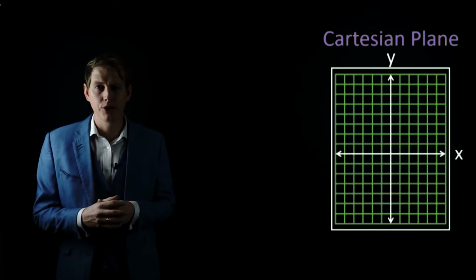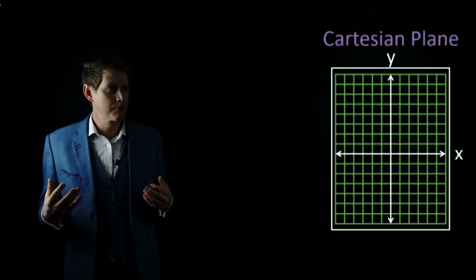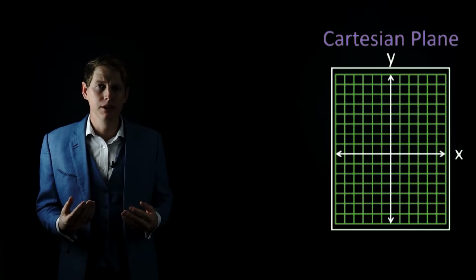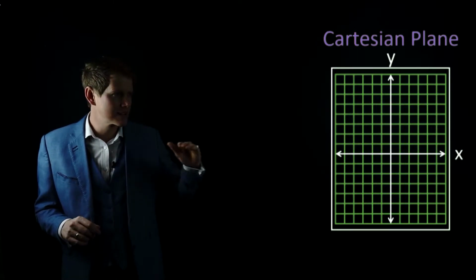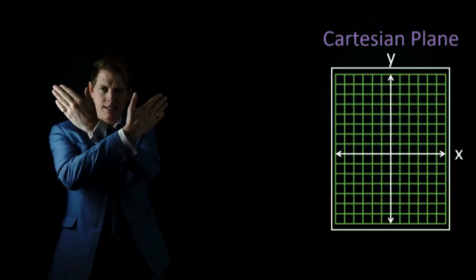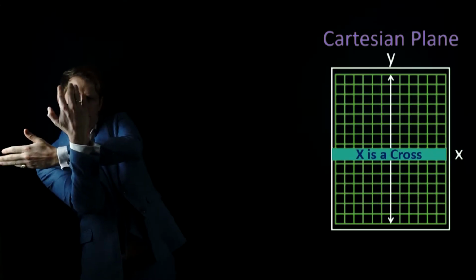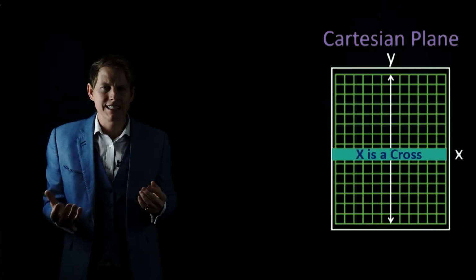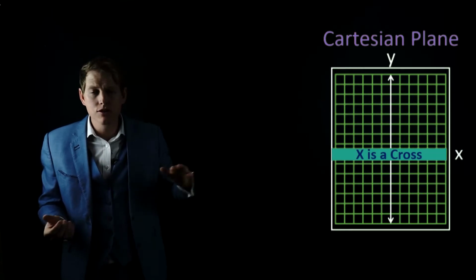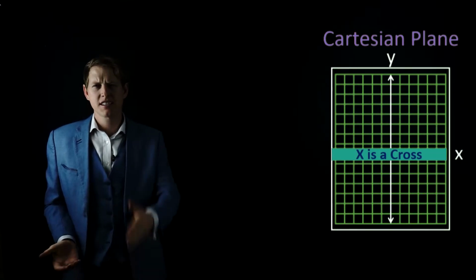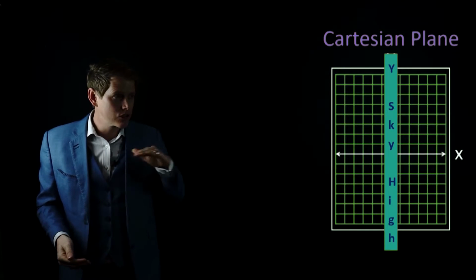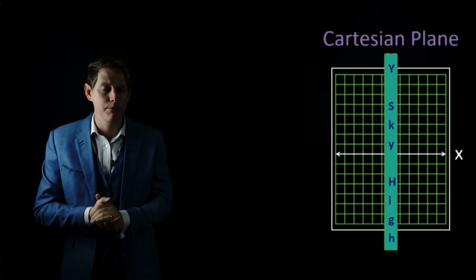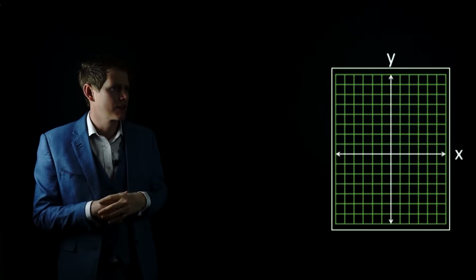I'm sure you have a really good way of remembering it yourself. The way I used to remember it when I was at school is, if you look at the shape of an x, it's a cross. So x is a cross. And then I just remembered y, sky high. So the one that goes across is the x-axis and the one that goes up and down is the y-axis.